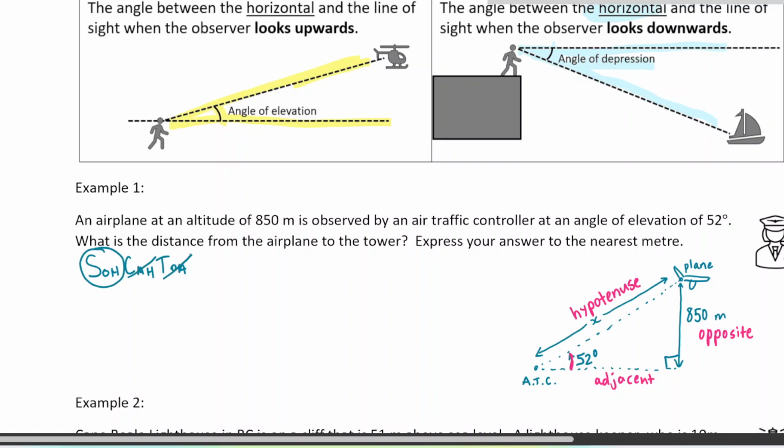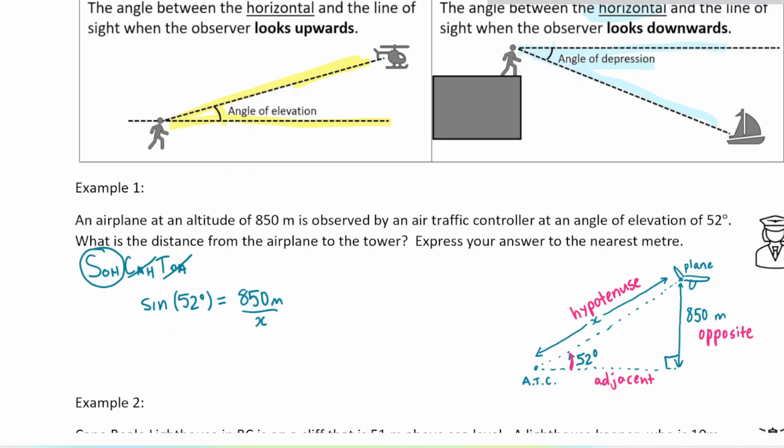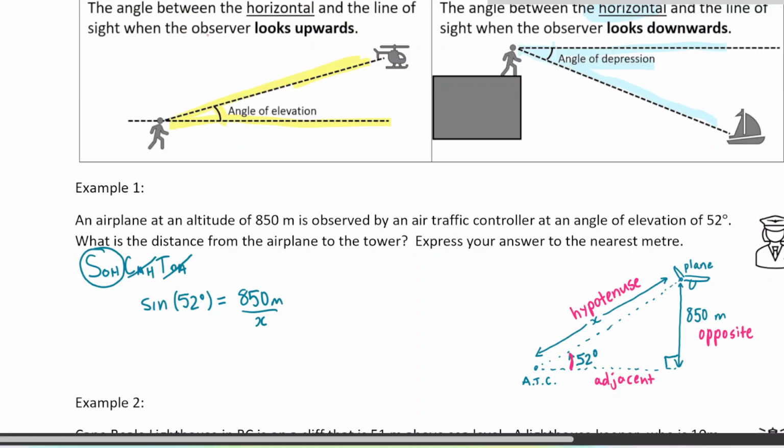So I'm going to write out my ratio here. Sine of angle 52 degrees is opposite, so 850 meters, divided by hypotenuse, which is what I'm trying to find. Label it x. And for this one, we're solving for x using algebra. We can essentially switch the places of x and sine of 52. So multiply both sides by x, divide by sine 52.